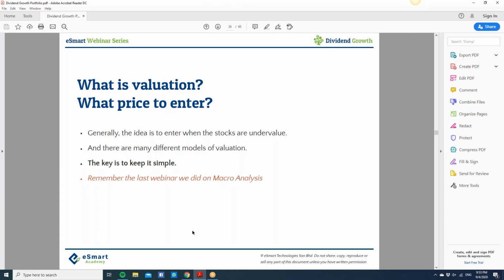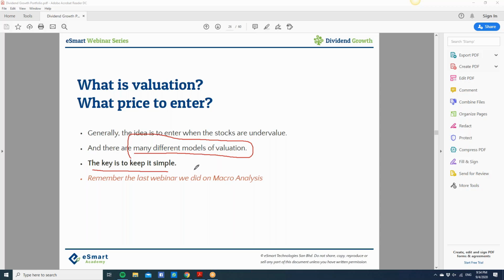So let's come back to this part where a very common question that many people ask is, what price should I enter? I want to share with you that there are many different models of valuation, and there's no one best model. To me, the key is to keep it simple, because my approach towards investing is that we are not looking for just capital gain.